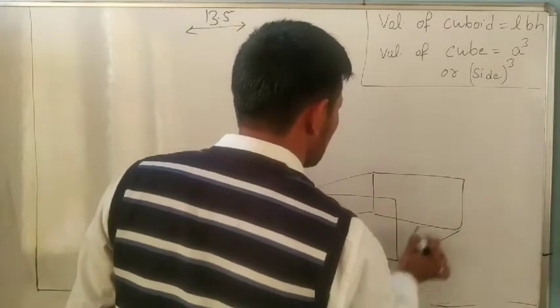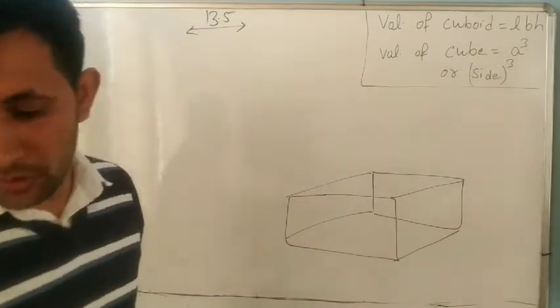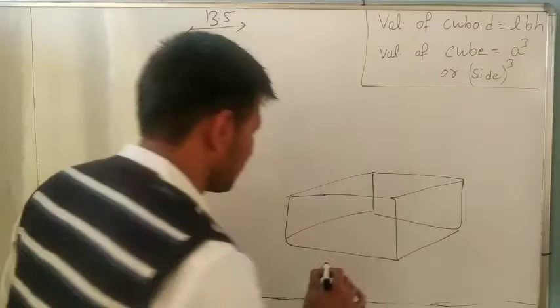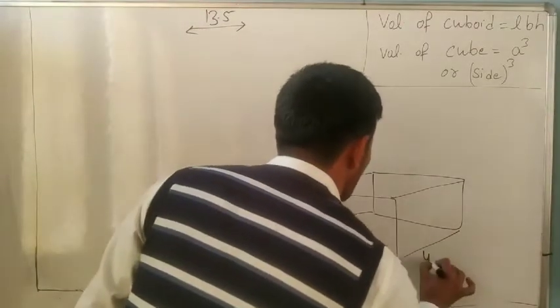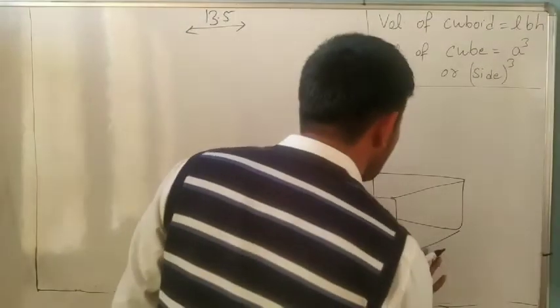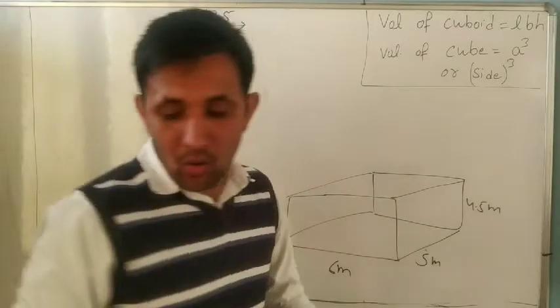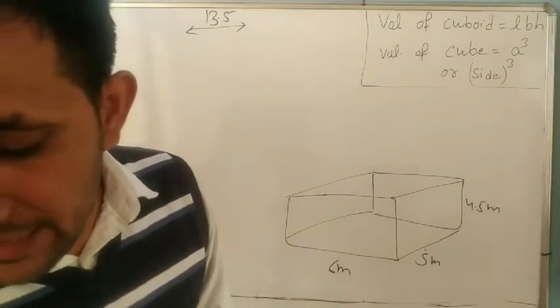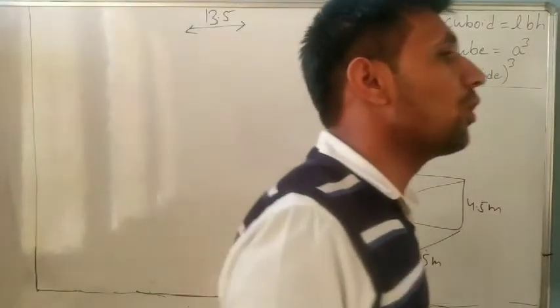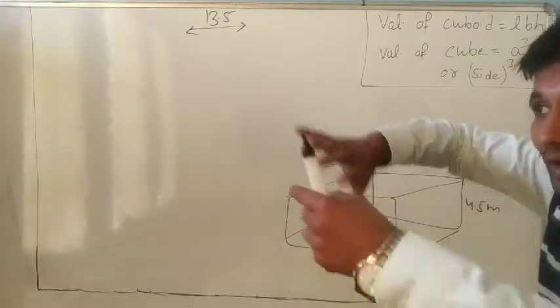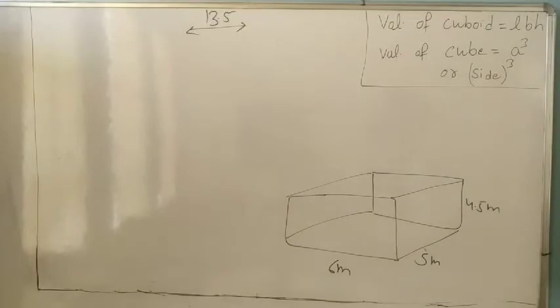A cuboidal tank is 6 meter long, 4 meter wide, and 4.5 meter deep. So how many liters of water can it hold? We have to find how much water it can hold, so it means it is a volume.